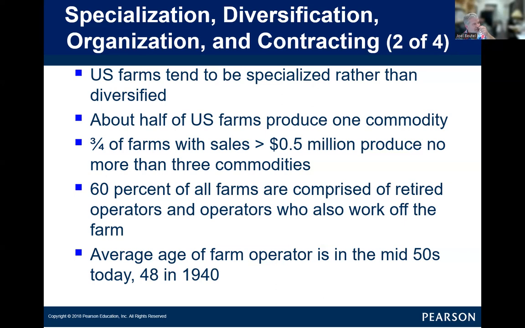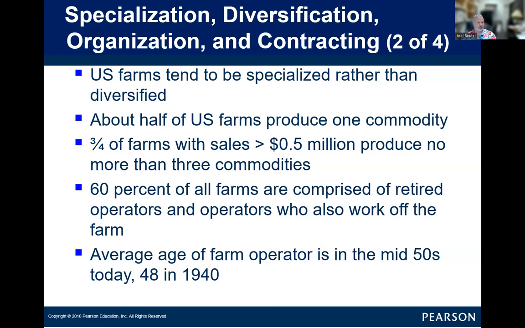And so they're the single producer of wheat for a government entity. So three-quarters of the farms with sales of greater than $500,000 produce no more than three commodities. So what that's telling us is the larger your farm, the less likely you are to be diverse in your production method.